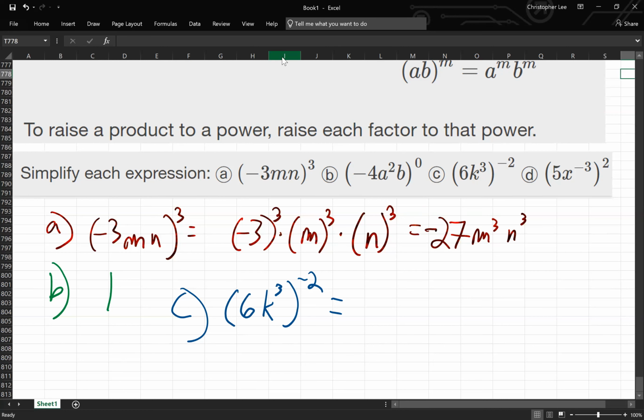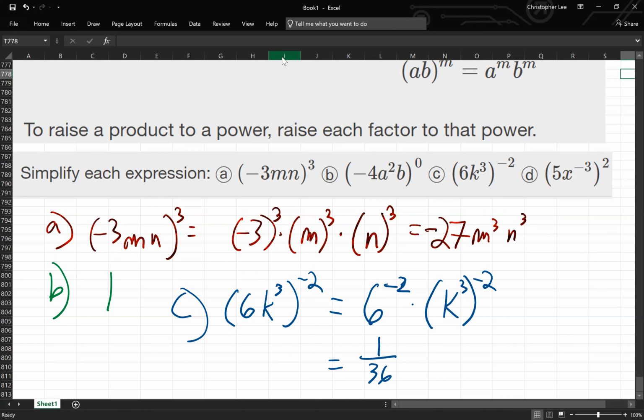Close. Everybody gets the exponent of -2. So this becomes 6 to the -2 power times k to the third raised to the -2 power. 6 to the -2 power, we already know, is going to become 1/36, right?